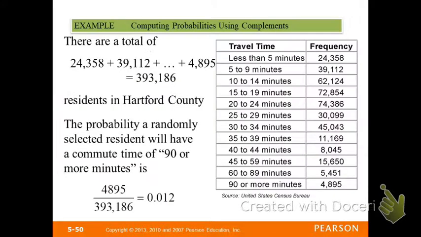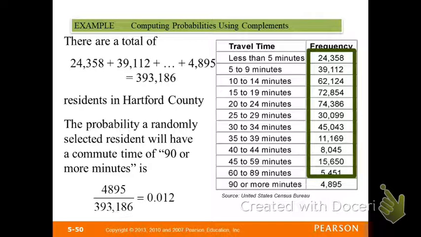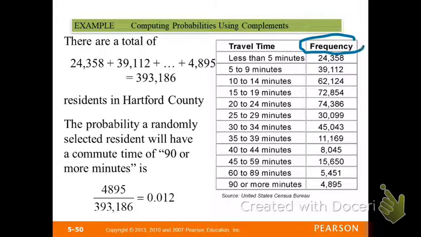If we went back to our chart and wanted to do this using individual probabilities, we could either sum all of these and divide by the total number, or we would have to convert these frequencies to relative frequencies and then add all of these probabilities together. But using the complement makes much more sense.